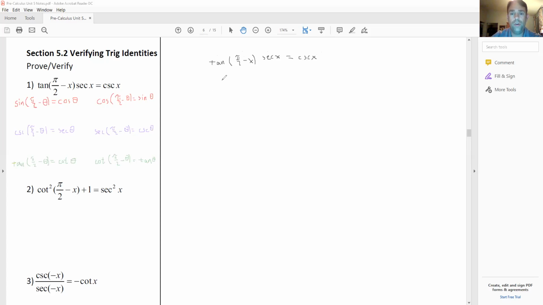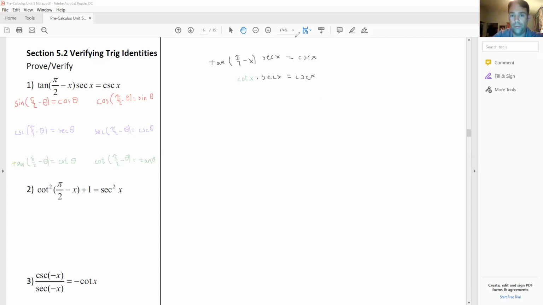So we look and say, okay, well, what is tangent of pi over 2 minus x equal to? And you guys will come back and say that is equal to cotangent of x. So we're going to make a real quick trig substitution. Now I got a cotangent and a secant and a cosecant.